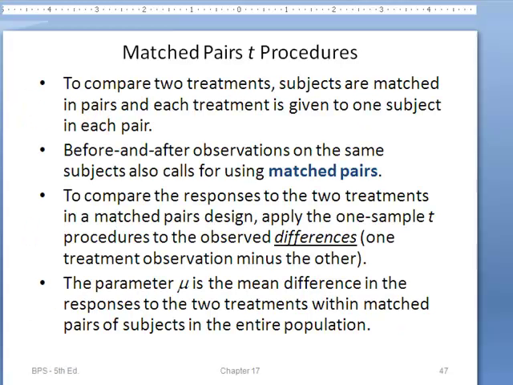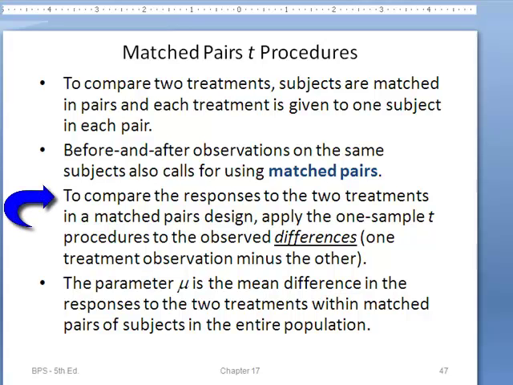So now it's time to look at the matched pairs t procedures. The reason why we use this is we can compare two treatments. Subjects are matched in pairs, and each treatment is given to one subject in each pair. Before and after observations on the same subject also call for using matched pairs.